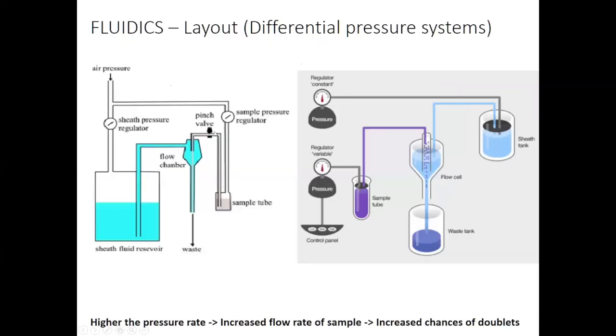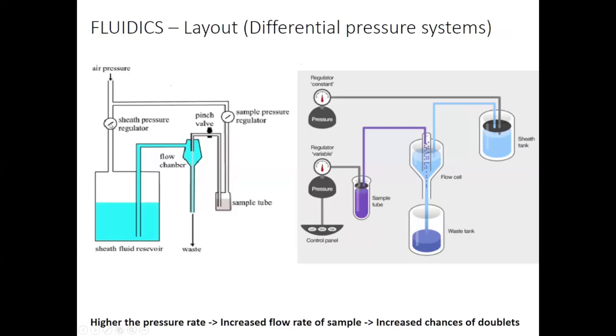Now to show you the layout: this is the flow chamber, this is where the sheath fluid flows, and this is where the sample will be injected, the sample core. The speed of the sample that is dispensed into the flow chamber can be adjusted with a regulator.